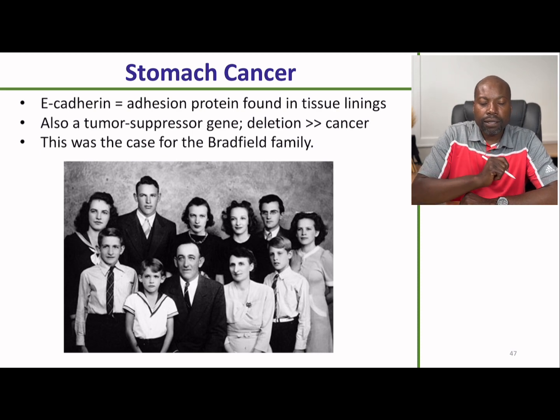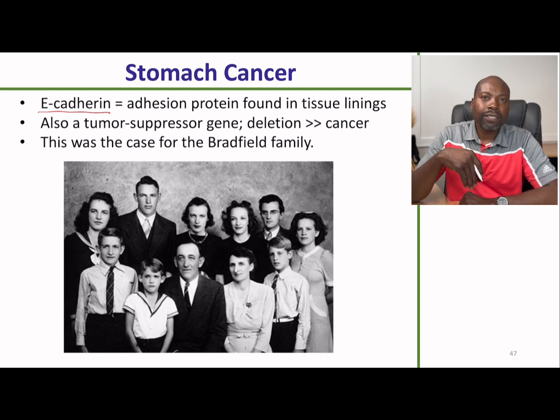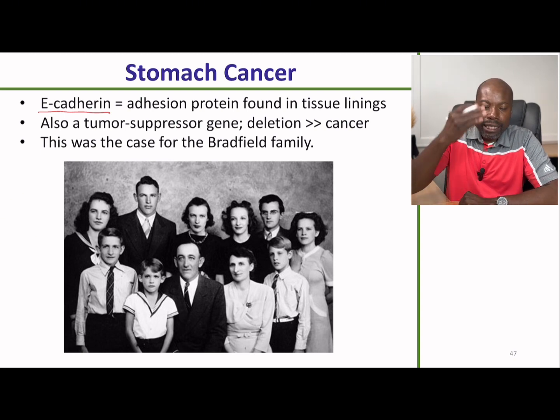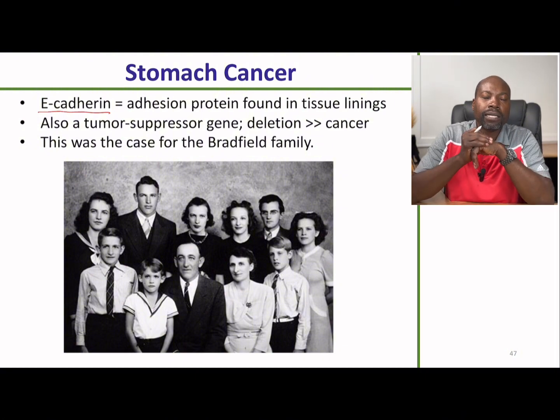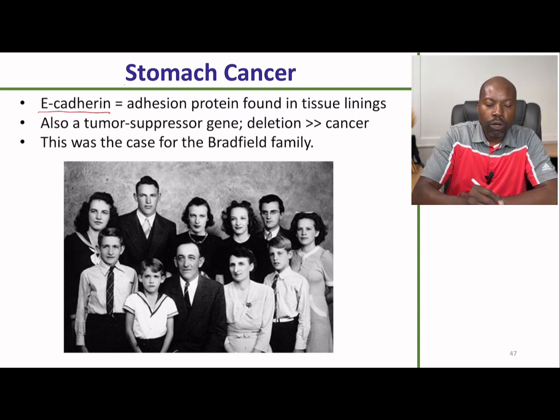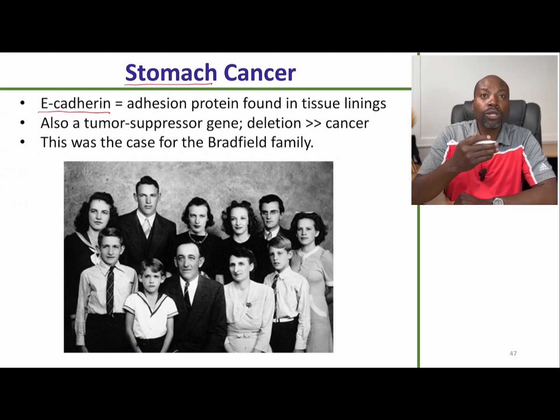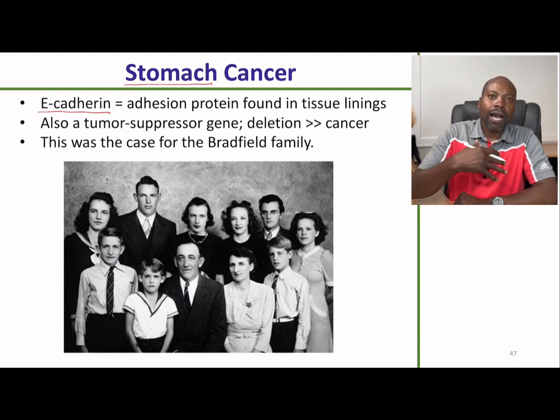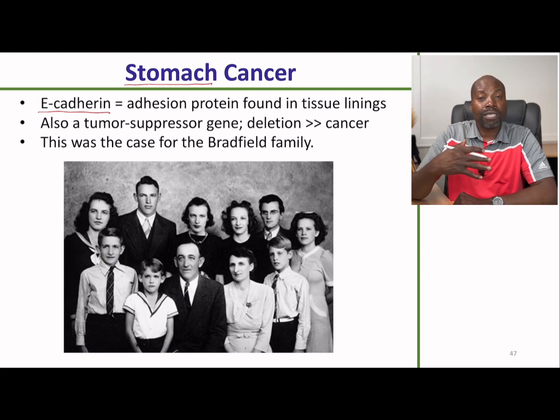And in this particular type of cancer, cadherins, which are proteins that are found in tissue lining, are going to play a very important role in the case of stomach cancer here. Now, you know that the stomach has some tissue lining, very specifically epithelium lining this organ.